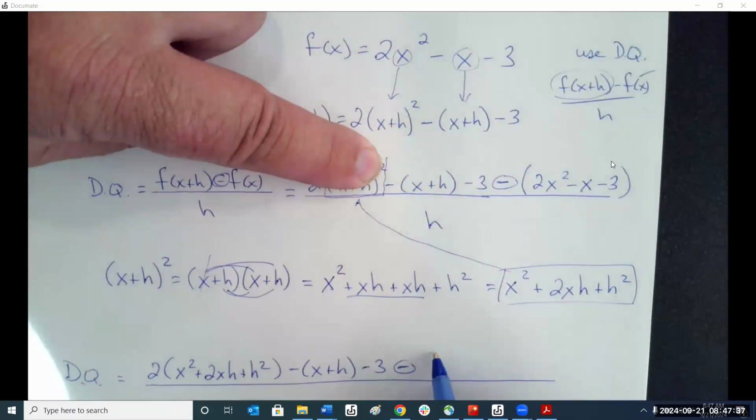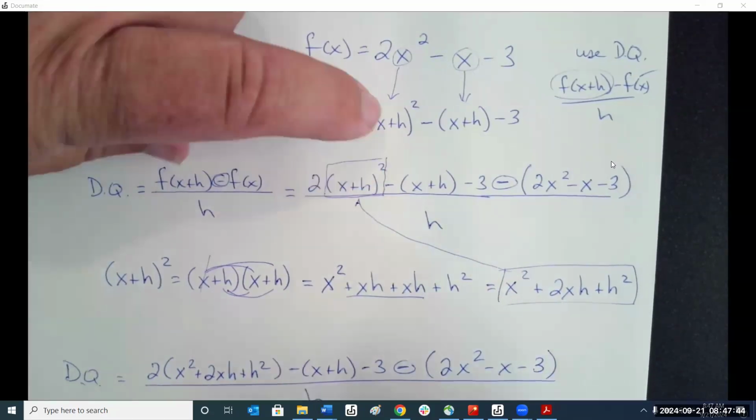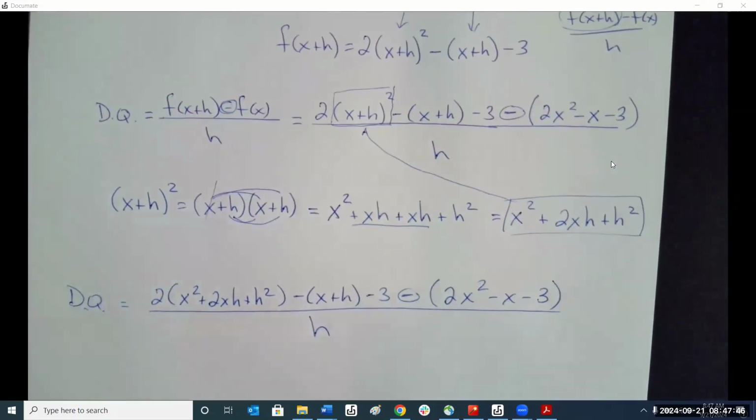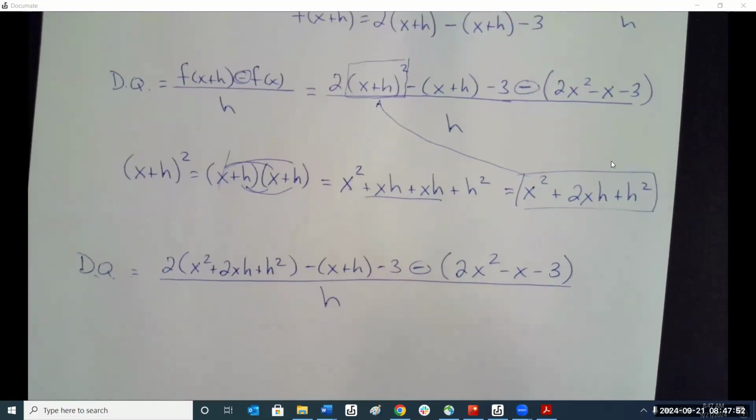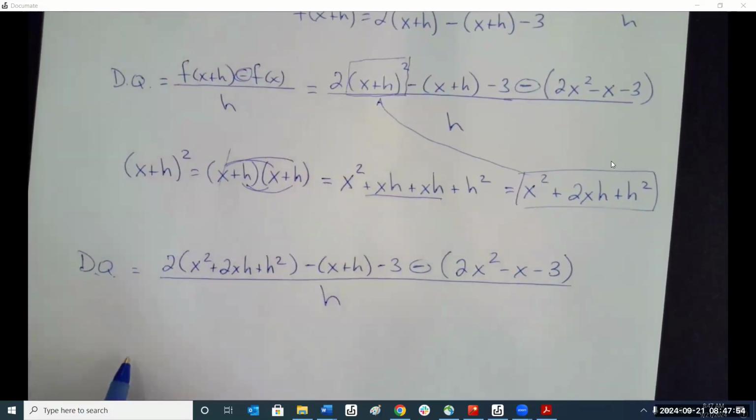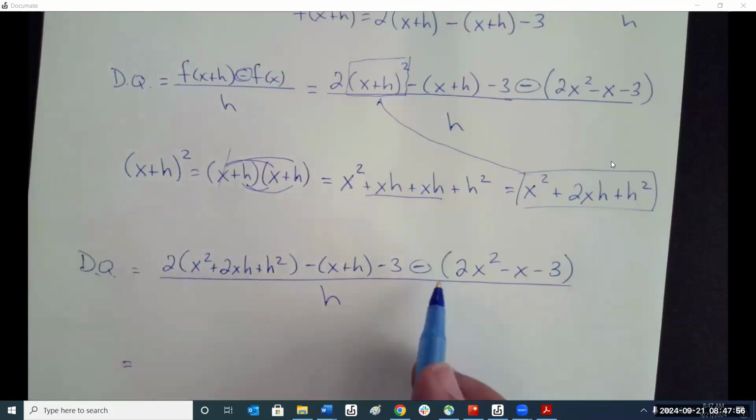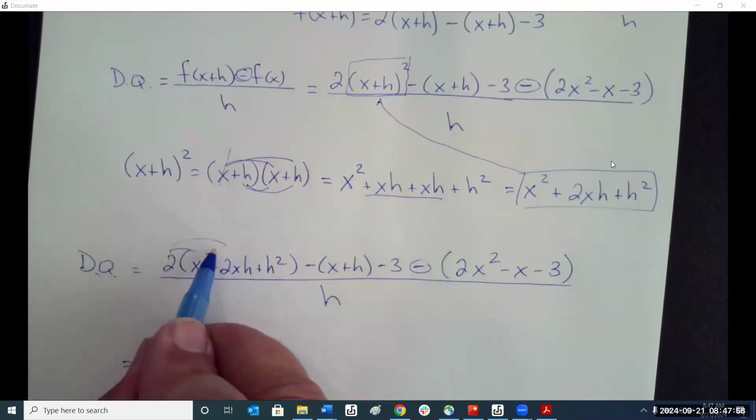There's that minus. 2x squared minus x minus 3 over h. That's what I'm saying. See how big it got really quick? Now we got to get rid of the parentheses. We can't do anything inside them, so we have to get rid of them. We have to distribute that 2.